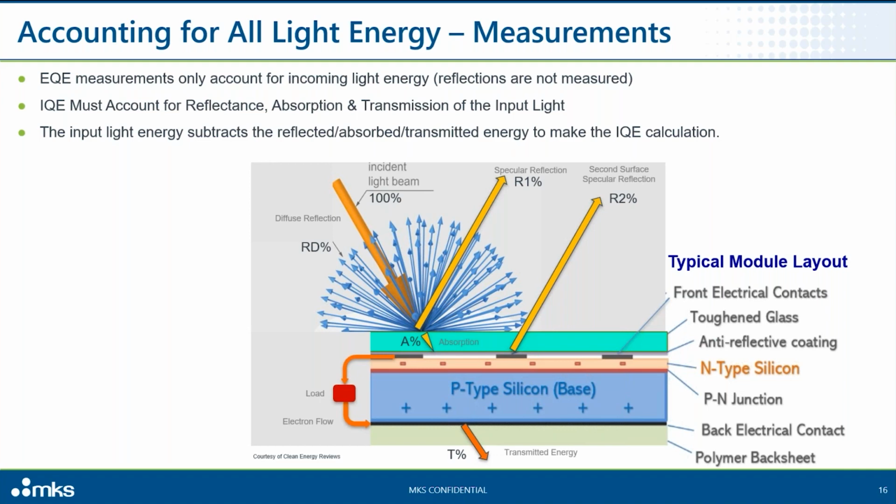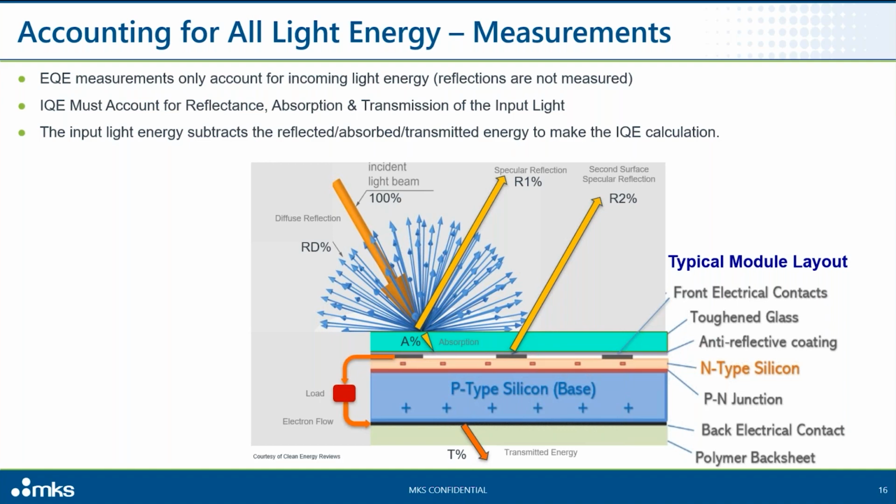Additional to this, you'll find that a lot of the constructed modules today are using what's called low iron glass. The reason is that low iron glass has a less absorptive transmitted component to it, which means that more of the energy coming into that glass will transmit through the glass and not be absorbed. So that is another component to be aware of.